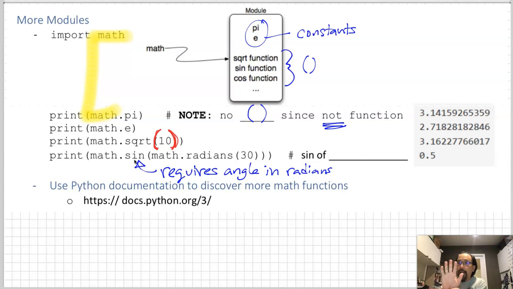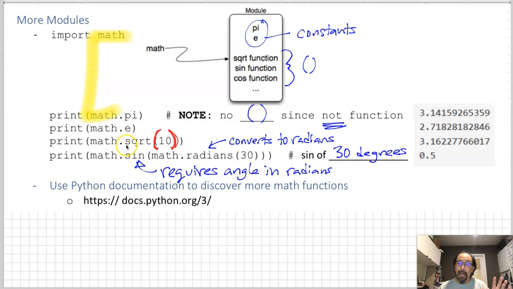In the same way, to describe the measure of an angle, we could have degrees, but we can also have what's called radians. So what if I have 30 degrees and I want to find the sine of 30 degrees? I can call another function within the math library that converts degrees into radians. And once it gives me the radian value, I can feed that into the sine function.